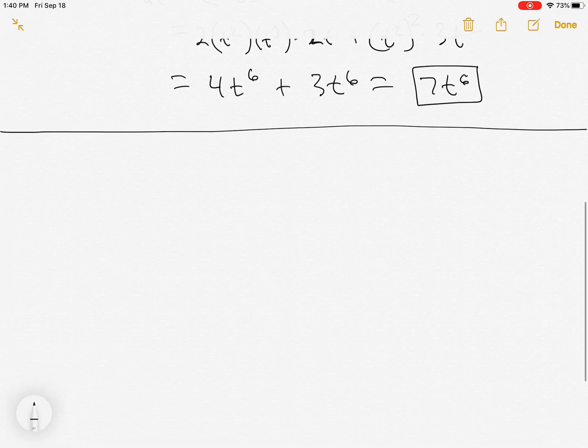All right, so let's look at an application example here.